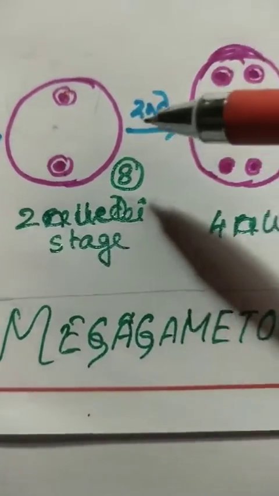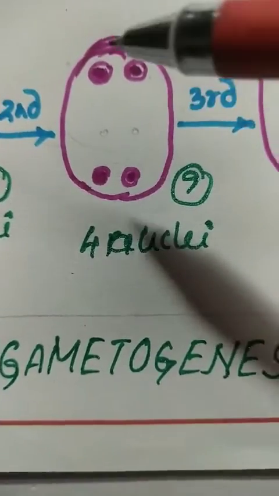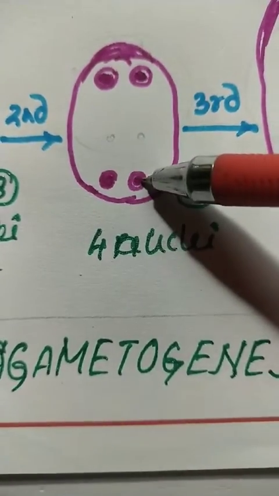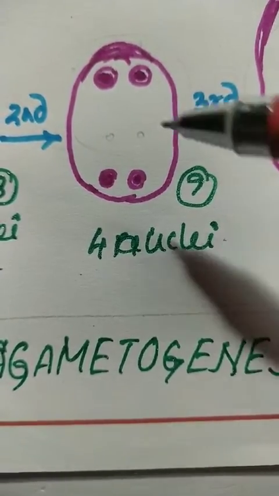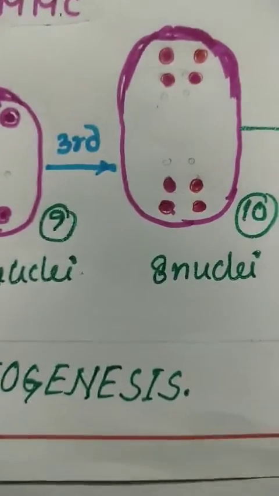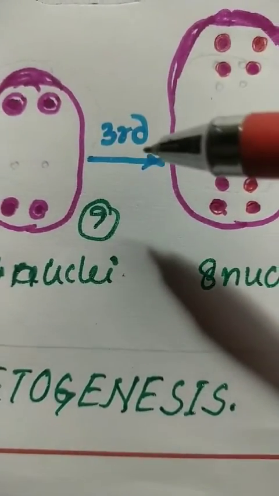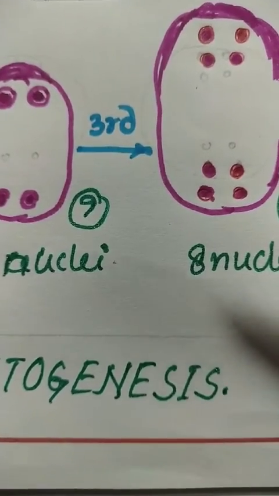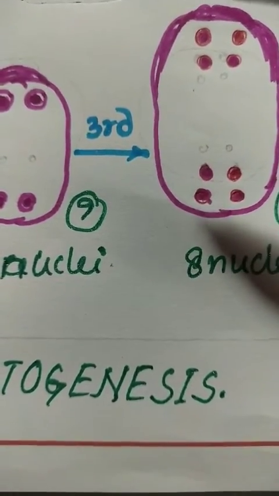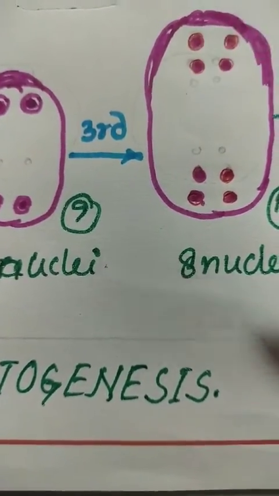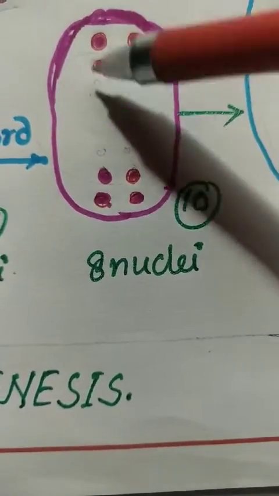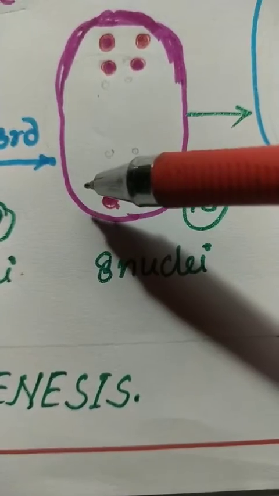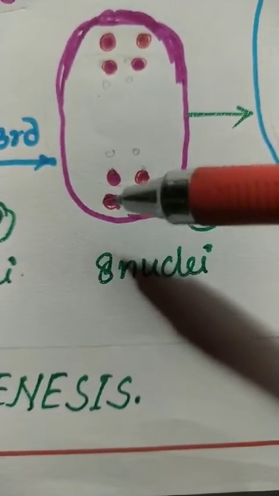Then the second mitosis takes place, and it will form 4 nuclei, 2 in the upper part and 2 in the lower, a 4 nuclear or 4 nucleate stage. Then the third mitosis takes place. As a result of the third mitotic division, it will produce 8 nuclei, 4 at the chalazal end and 4 nuclei at the micropylar end.